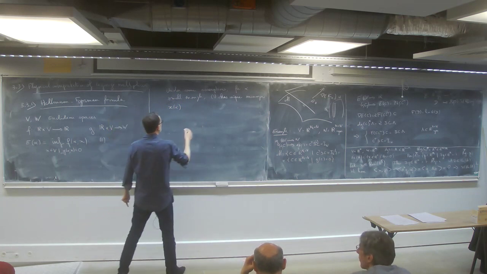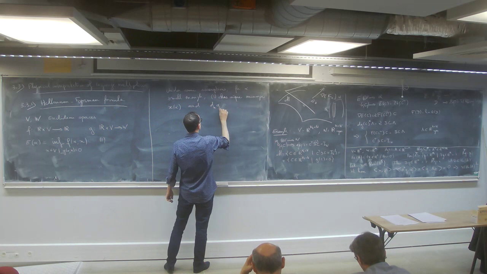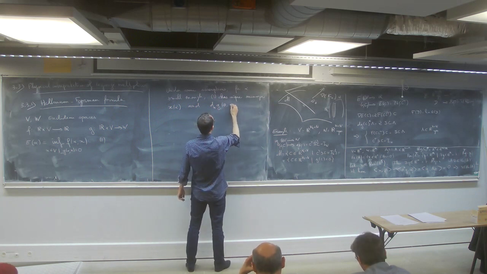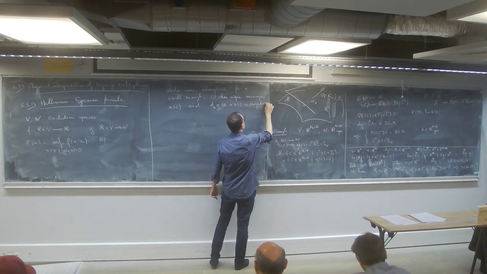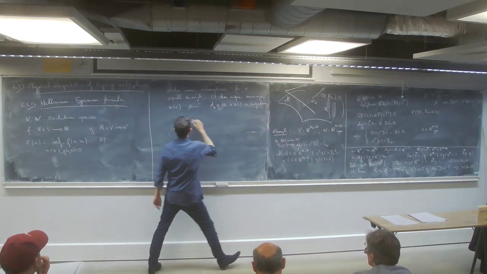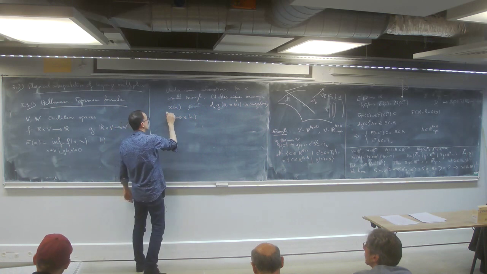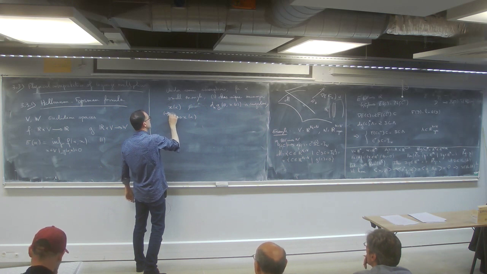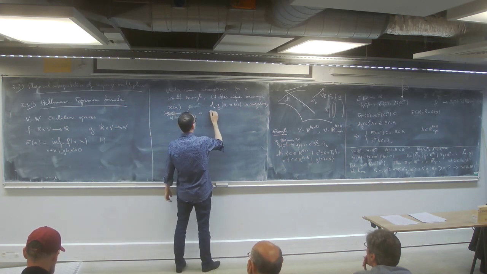The unique minimizer x of alpha, and the derivative of g with respect to x at 0 and x naught is surjective. Another conclusion, the function alpha to x of alpha, from a small interval minus eta to eta, is C1, or smooth.